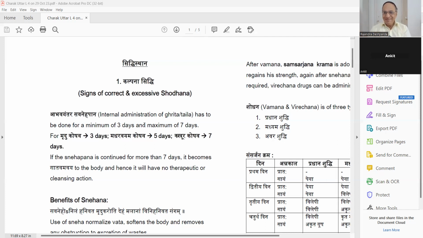Vaman is for Kapha-Pitta. Basti is for Vata dosha. Raktamokshana is to remove the impure blood: bloodletting, blood donation. And Nasya is for Urdhva Jatrugata Vyadhi. Jatru is the clavicle, this bone, collarbone, above: ENT, ear, nose, throat, face, brain, or Nasya, nasal drops.